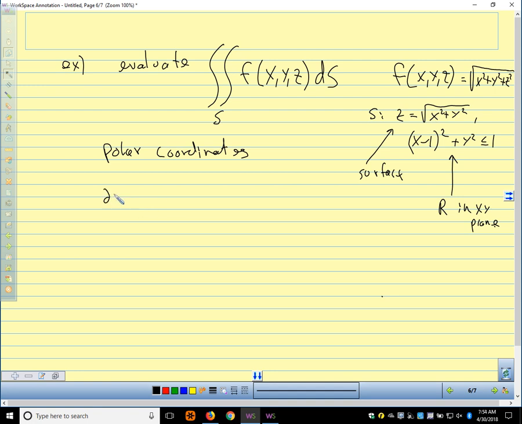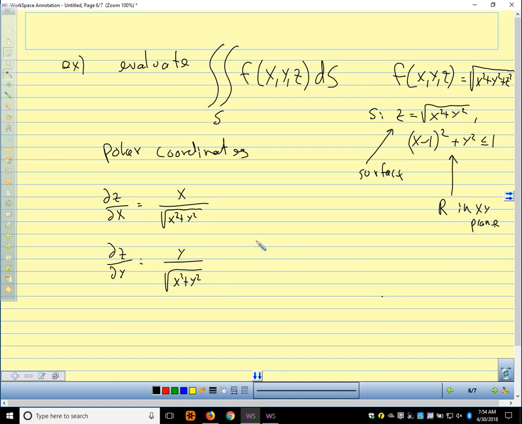dz dx, for our little area increment dS, is x over the square root of x squared plus y squared. dz dy, symmetrical, so we get y over the square root of x squared plus y squared. Pretty common derivative. You'll see that a lot.